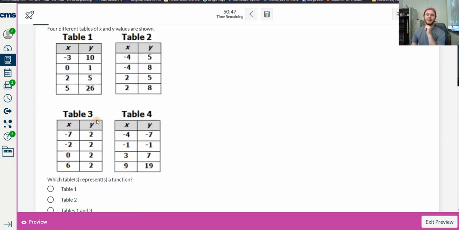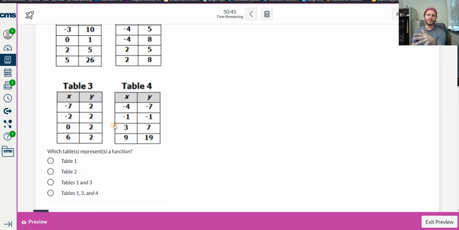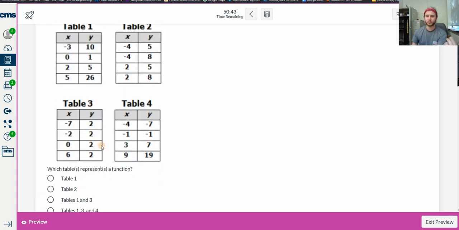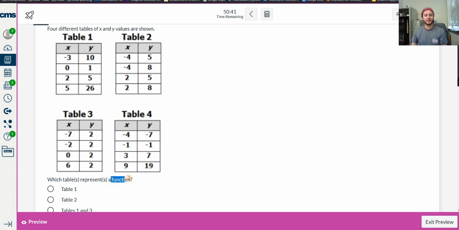For number 7, we have 4 different tables, and it's asking which table represents a function. Remember, a function is just something where the x value is not repeating. So -3, 0, 2, and 5. I don't see anything repeating, so table 1 is a function. -4, -4, x is repeating, table 2 is not a function.